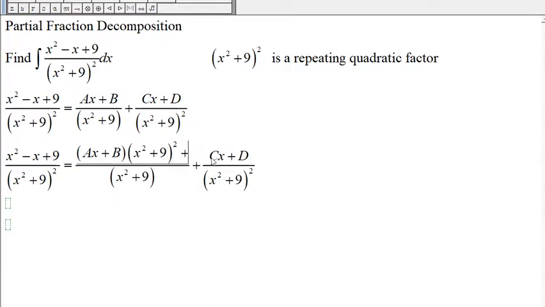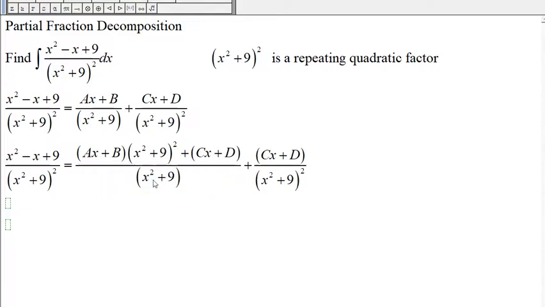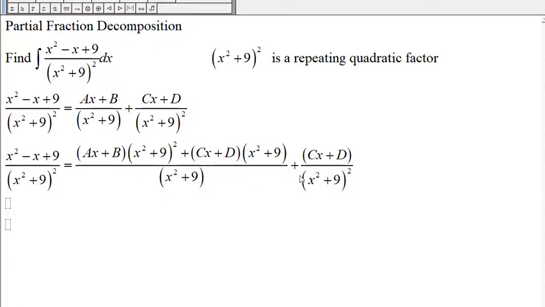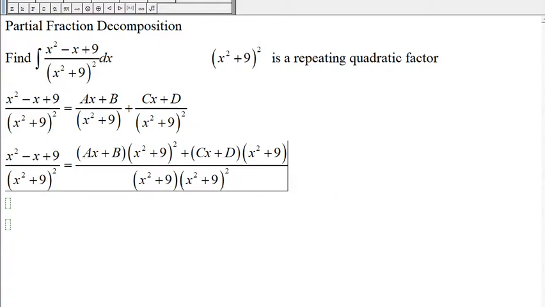Then plus the cx, and then times this, and then dividing by the product of the two denominators. So this is one way of doing it.